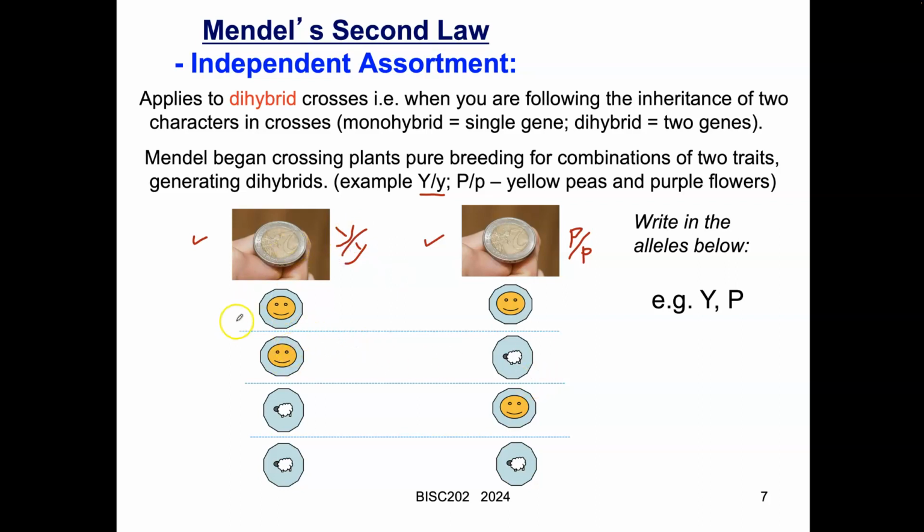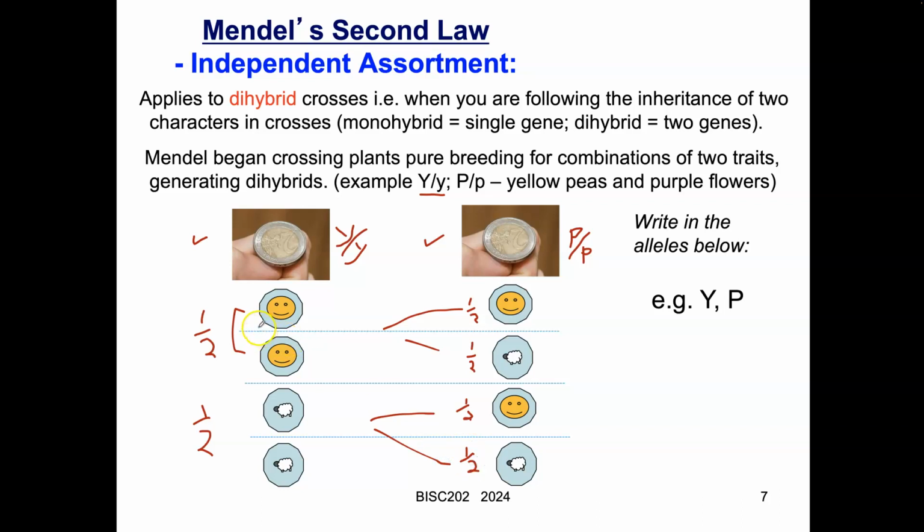And so there's a 50% chance, a half chance that the first coin is going to be heads, and a half chance that it's going to be tails, right? And then the second one, there's a half chance of being heads and a half chance of being tails.